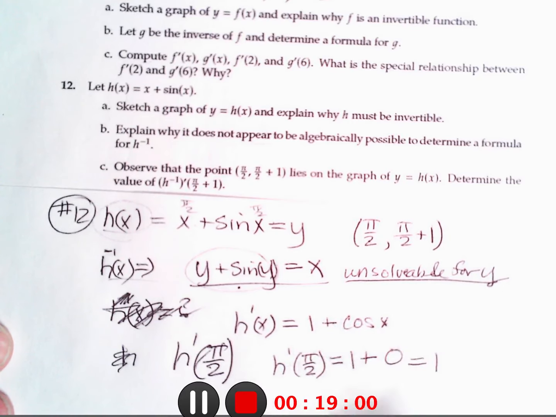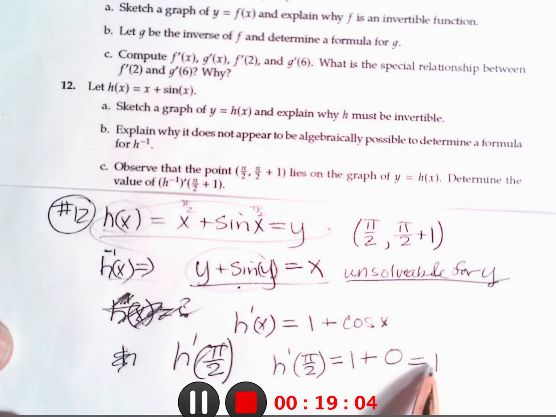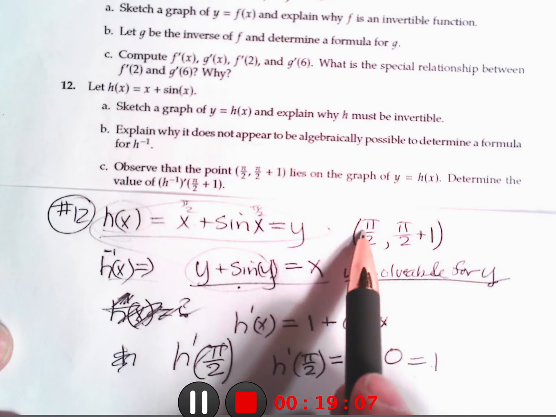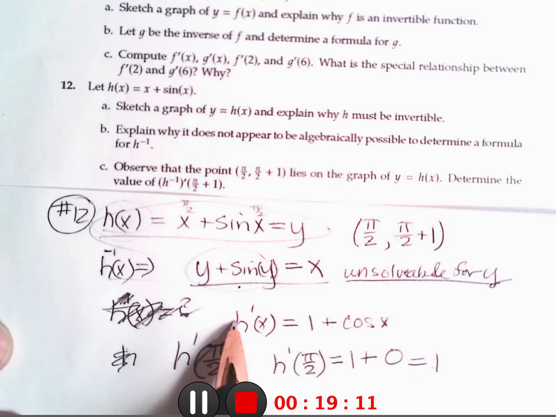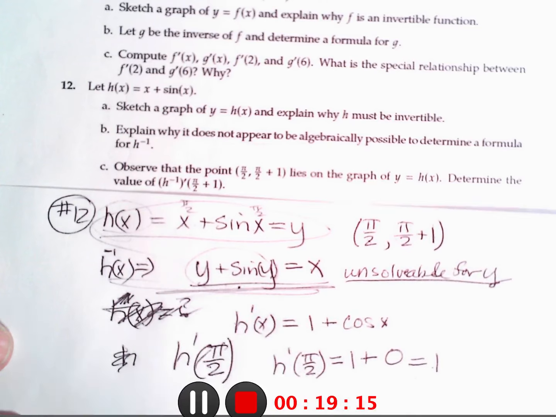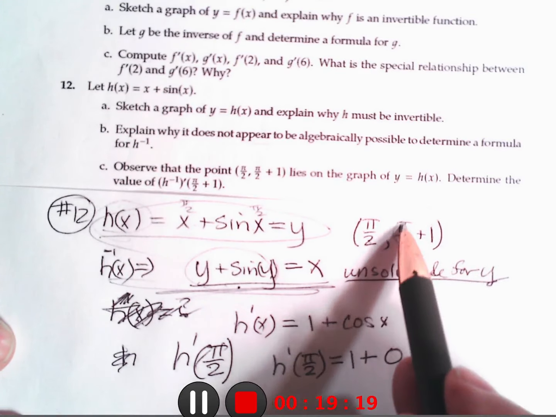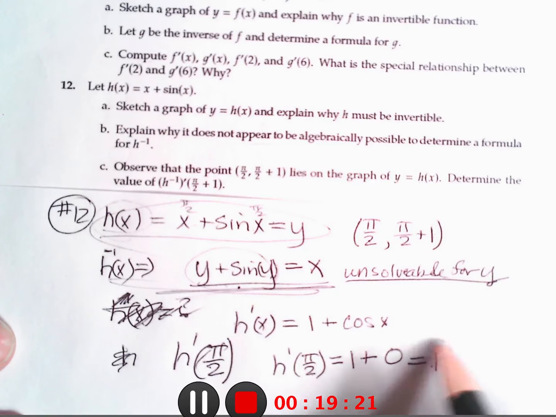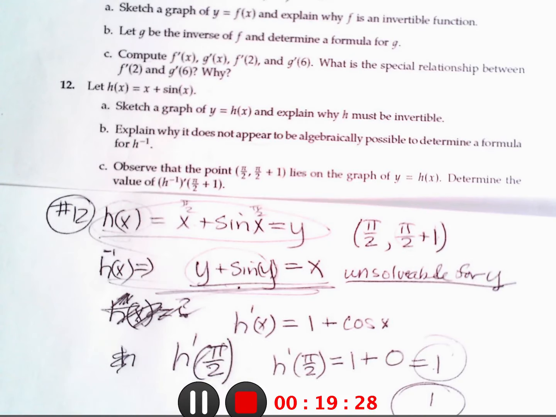So the slope of this graph is 1 at pi over 2. So its inverse, which we are not able to find, we can't turn this one around, but we know its slope at pi over 2 plus 1 will be the reciprocal of 1, and 1 flipped over is still 1. So we know its slope will be 1. Okay?